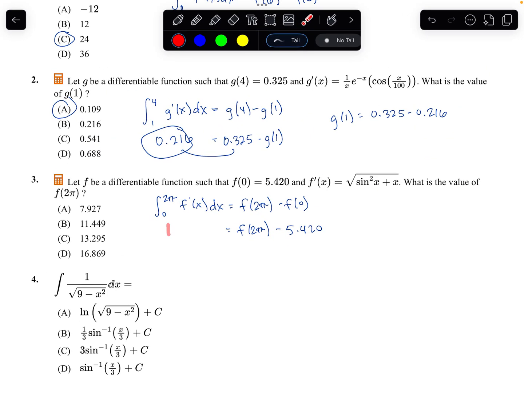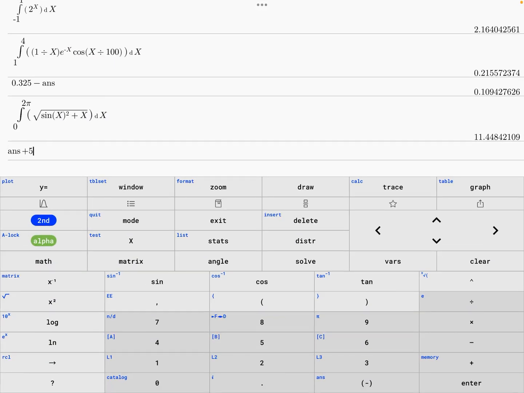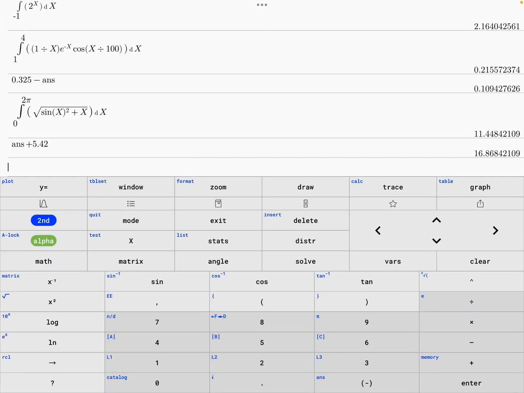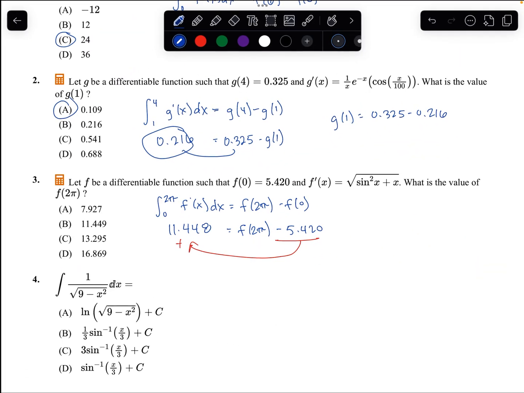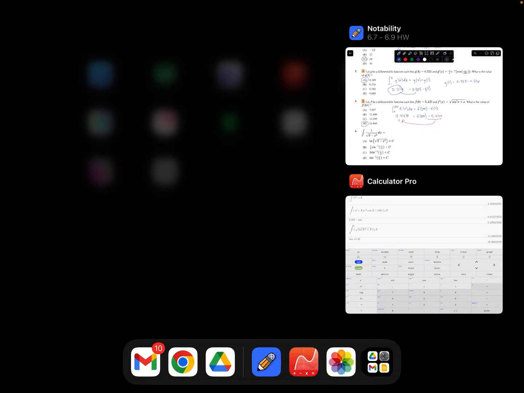So 11.448, and I'm going to add that over there. So plus 5.42, and I get 16.868. So that will be 68.